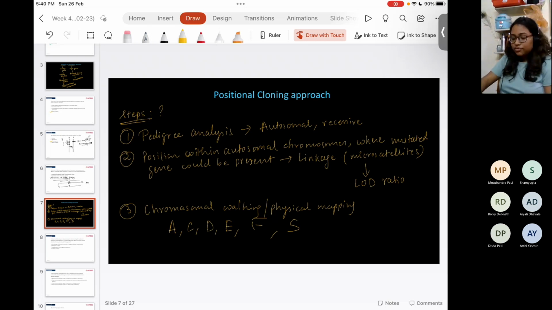And you have to identify the positions of these particular markers, meaning the order in which these 6 markers lie.